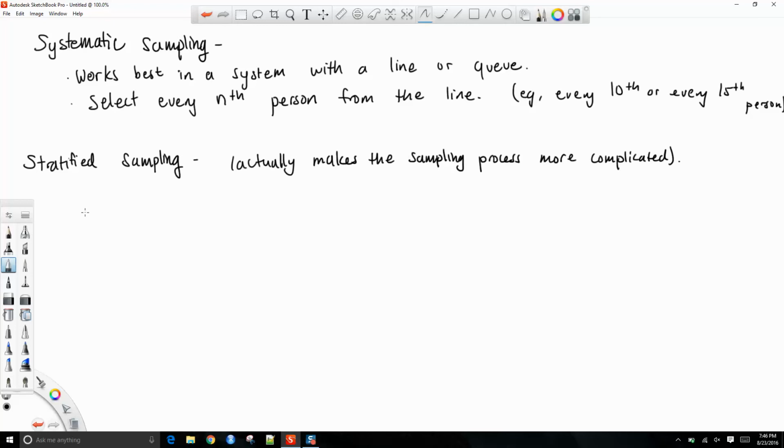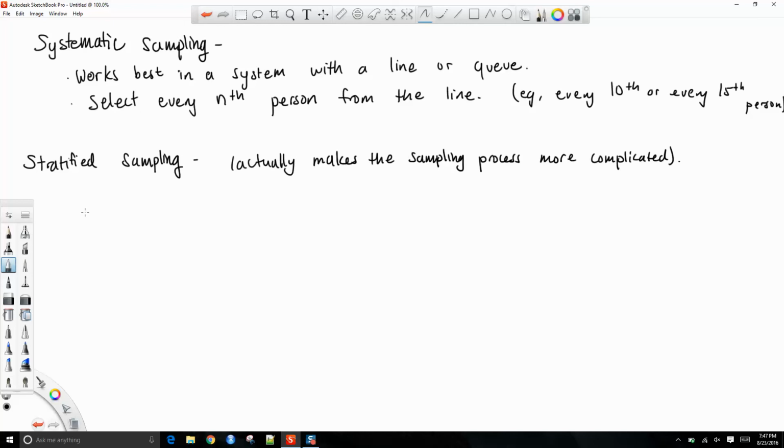In that case, if you did truly random sampling, because it's random, you might get a disproportionate number of one gender versus the other. And that in turn could affect the outcome of your survey results.